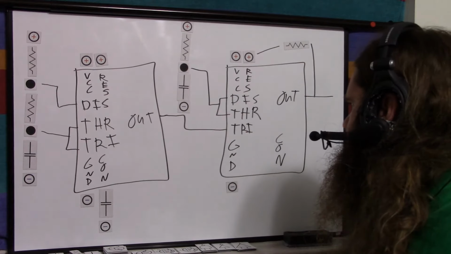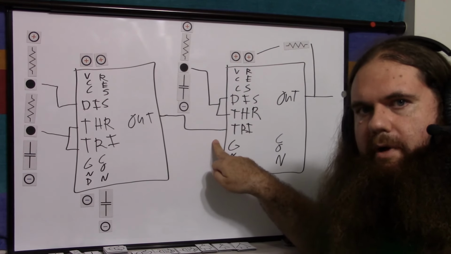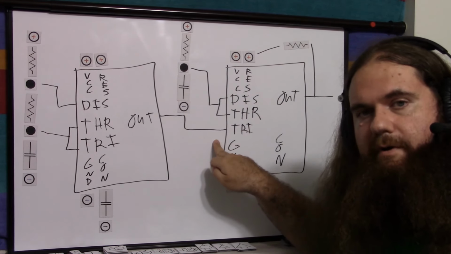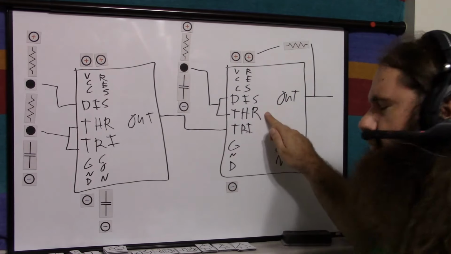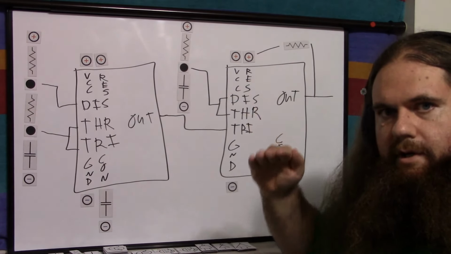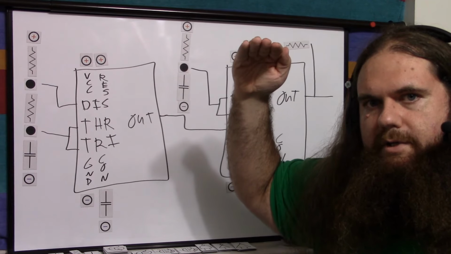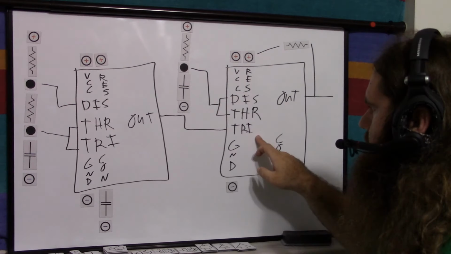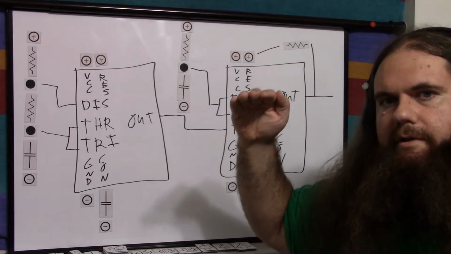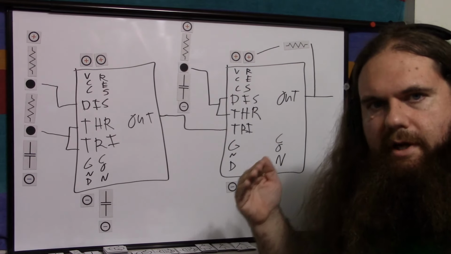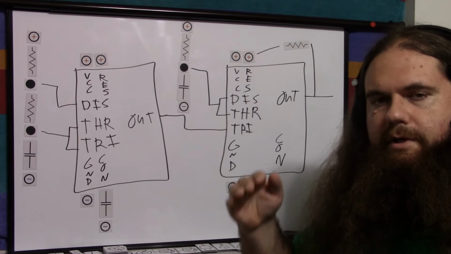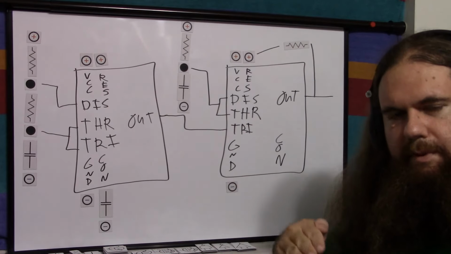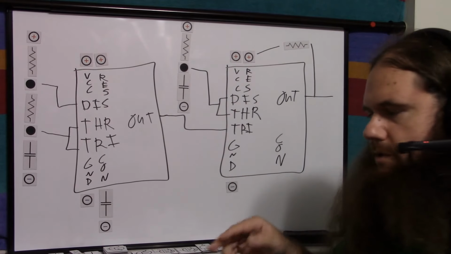But here's the thing. Remember from the monostable video, in fact from the 555 timer video, how this works. Threshold is a voltage that turns the timer off when it goes above threshold. Trigger is a voltage that turns the timer on when it goes below trigger. So the voltage on the trigger pin goes below trigger voltage, timer turns on.